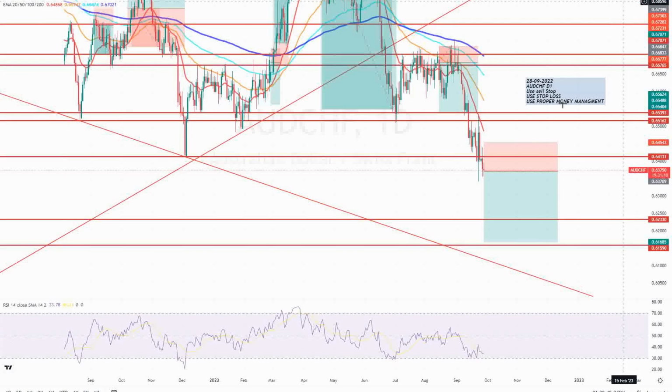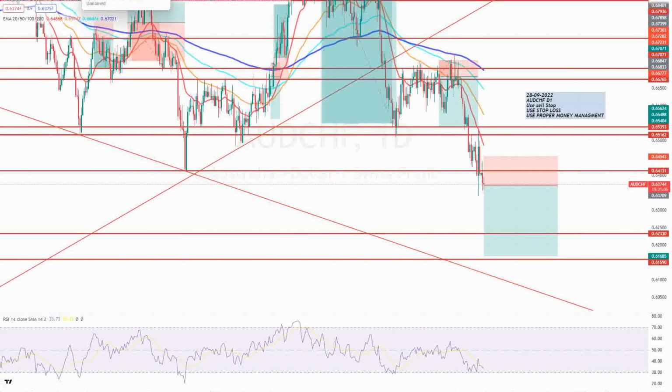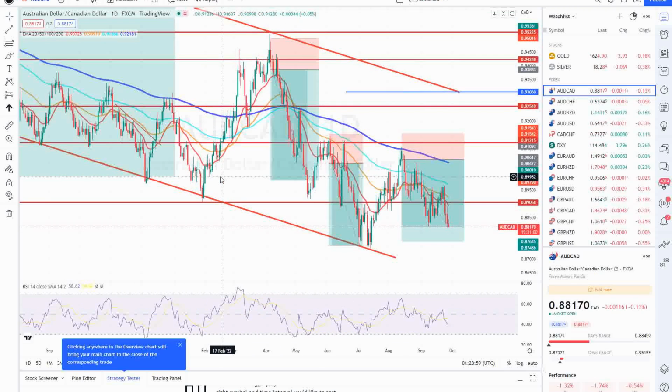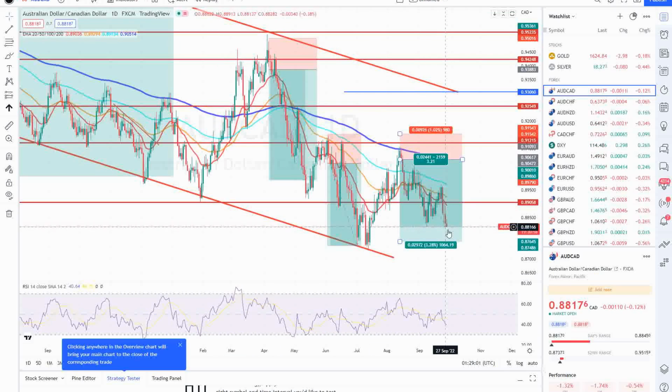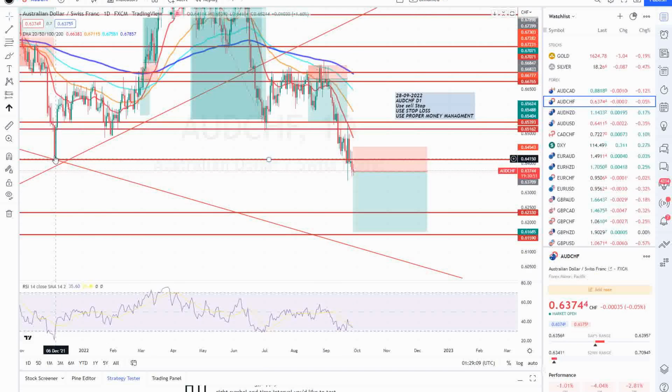If you see Australian Canadian dollar, it is already in good profit. You can see it's at this position right now. It's going to touch our take profit soon this week. Well, Australian Canadian dollar, you can see it was a previous support here.